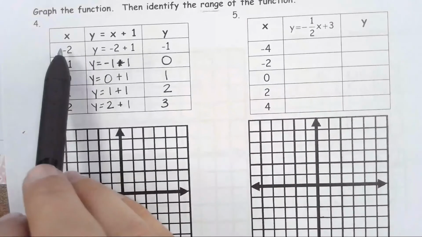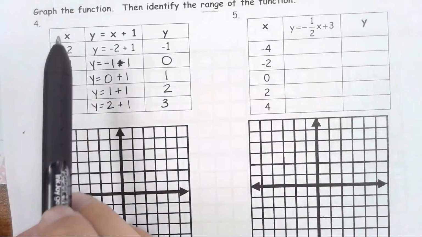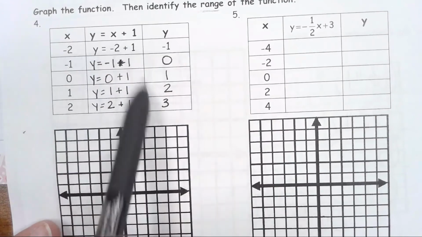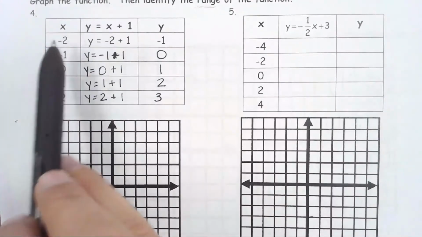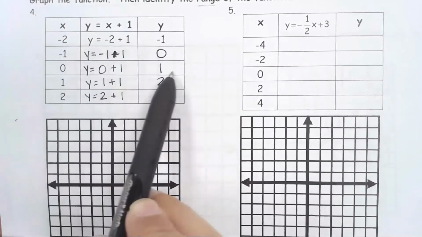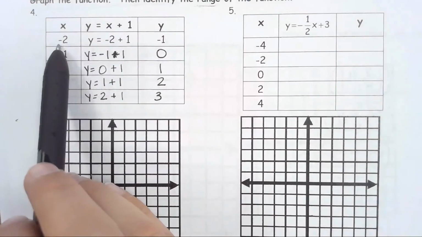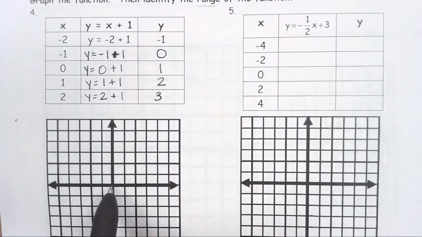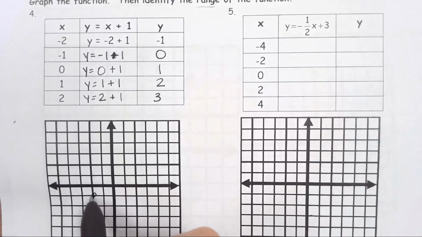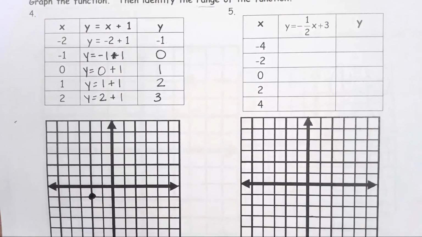So remember, the reason why we inputted our x's was to figure out what our outputs were, so that these are now ordered pairs, and I can start plotting my ordered pairs. So here I have -2, comma, -1, so -2, -1. That's where that is on my graph.